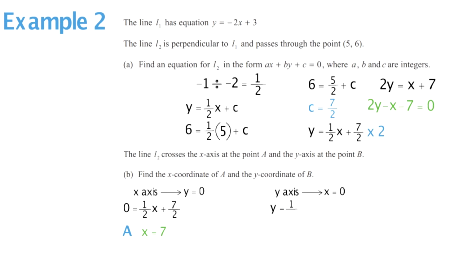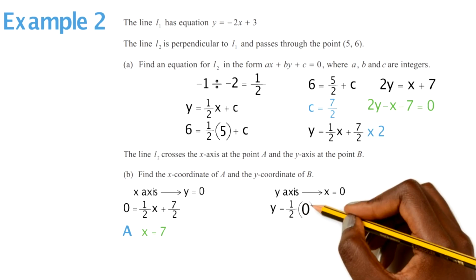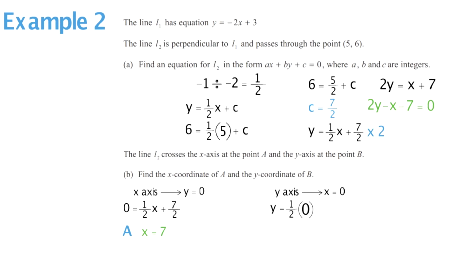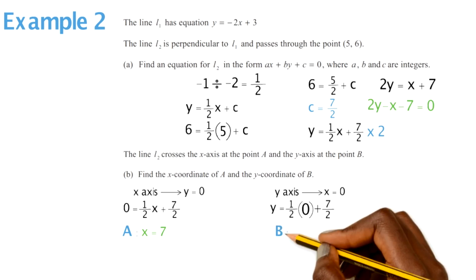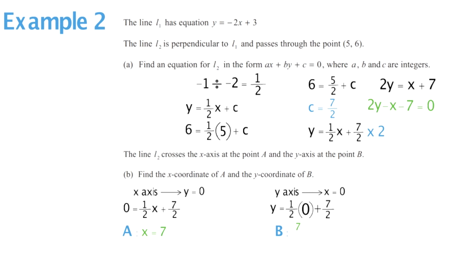So that would be y is equal to a half times 0 plus 7 over 2. Based on your general knowledge of maths, we know that anything multiplied by 0 is going to be 0, so this one's a slightly easier answer. Therefore, you should know that your coordinate for B is going to be 7 over 2. And that's the final answer for that.